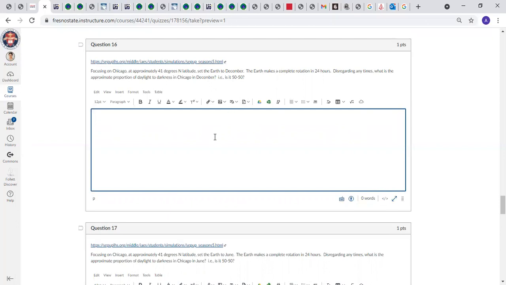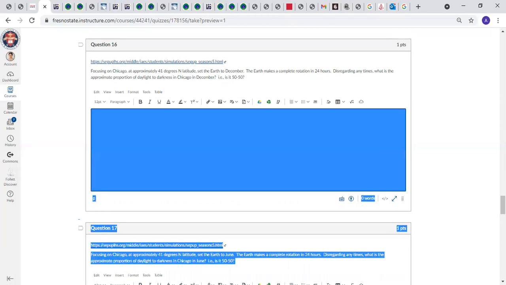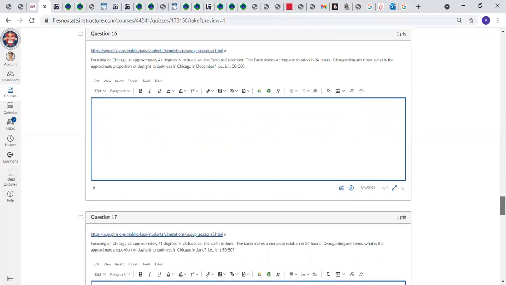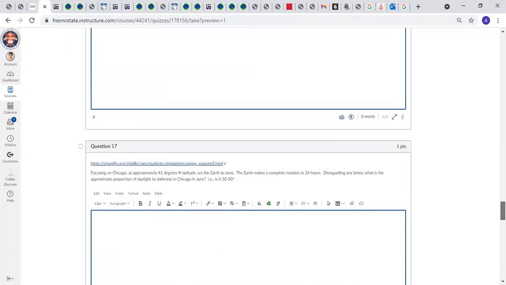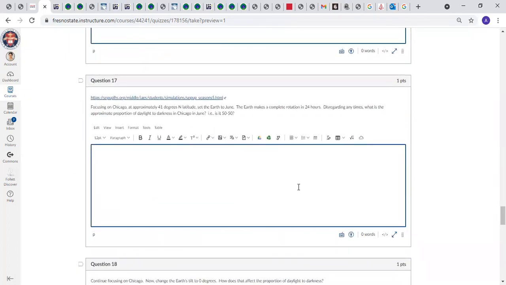That's not the answer. But that's just an example of what you're going to try to look at with the Earth set to December. And then once you look at it in December, you're going to look at it in June. And you're going to do the same thing, a ratio of daylight to darkness.